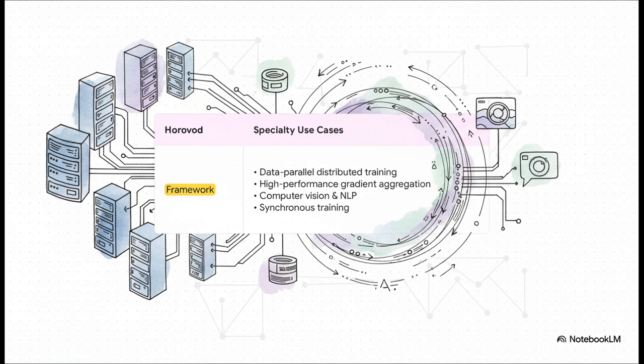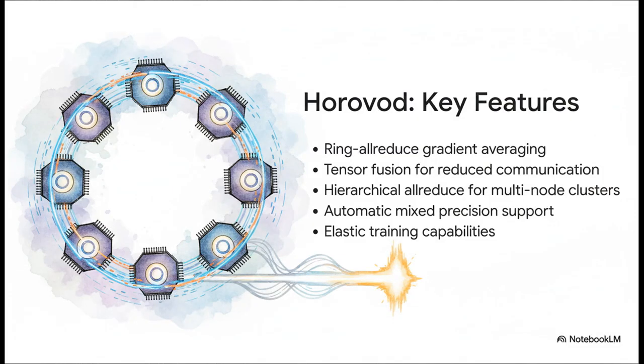Horovod's magic is what's called high-performance gradient aggregation, which is just a very technical way of saying it's incredibly fast and efficient at collecting the learnings from all those machines and combining them into one much smarter model. So how does it get this incredible speed? Well, it uses some really clever algorithms. For instance, instead of having one central server collecting info from every single GPU, which would create a huge bottleneck, it uses a technique called ring-allreduce.